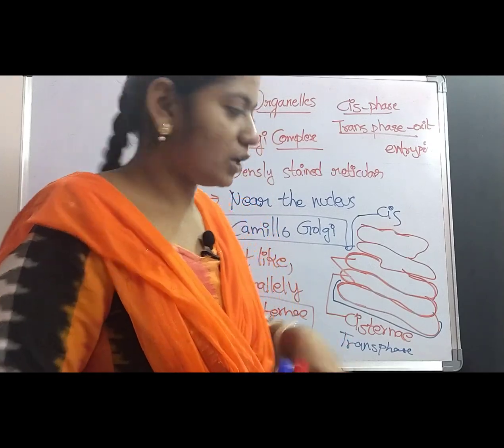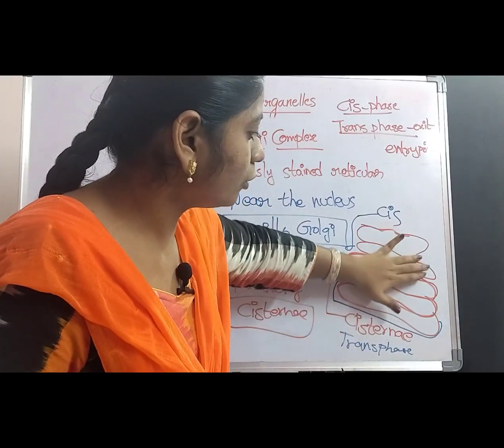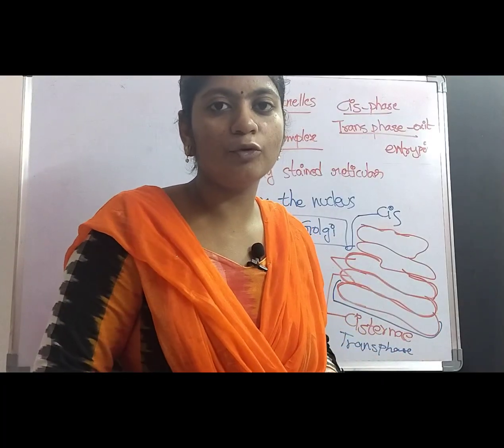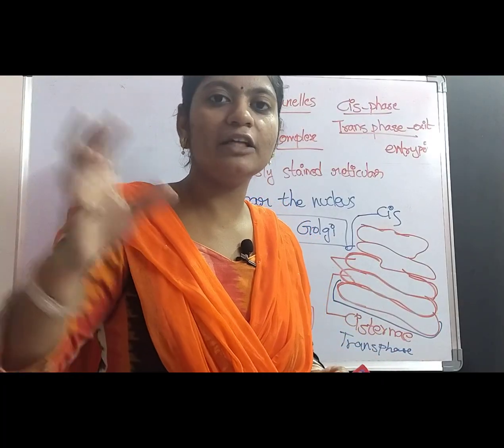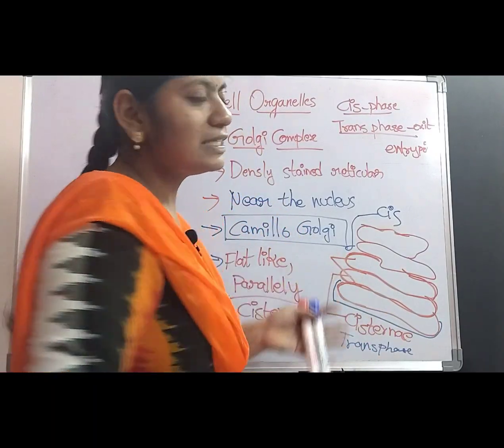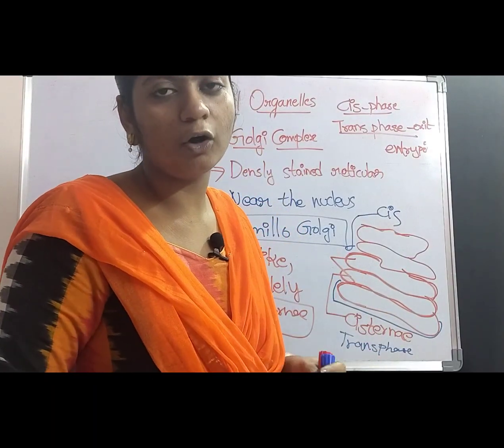Those vesicle-like structures get removed out of the Golgi complex, and move to the other cell organelles of the cell. So this is the complete function of the cis phase and trans phase of the Golgi complex.